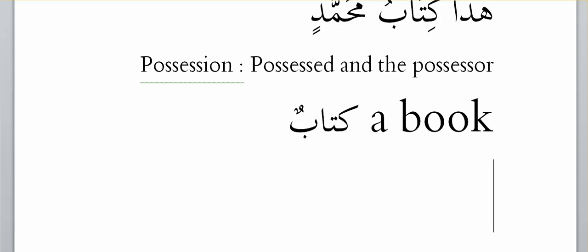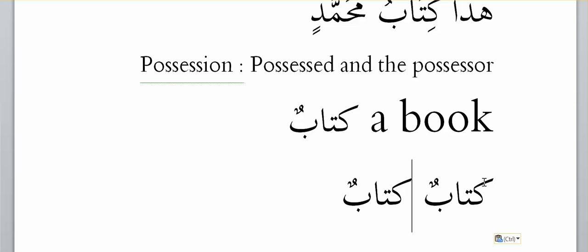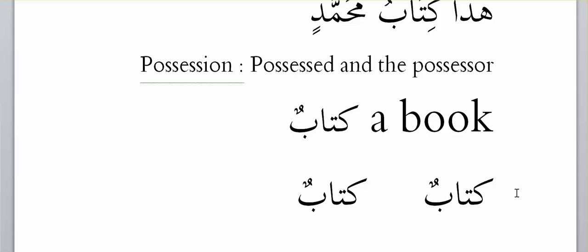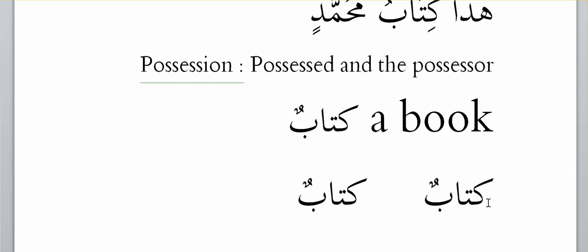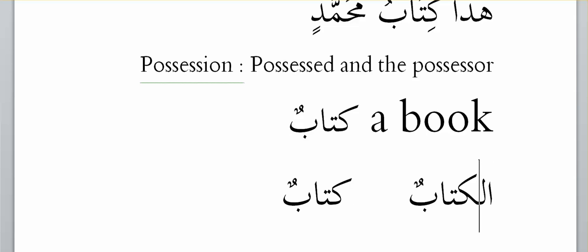One is, I'll write the word kitab twice. So I have the word kitab here two times. I'm going to make it definite two different ways. One, alif and lam. Al-kitab.